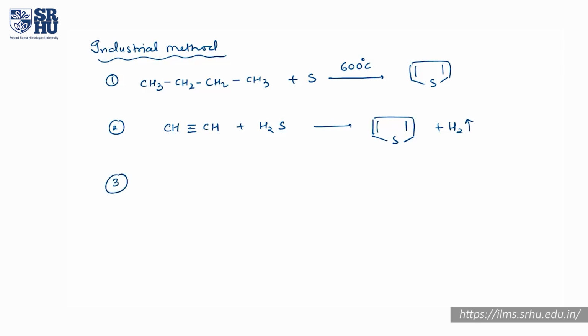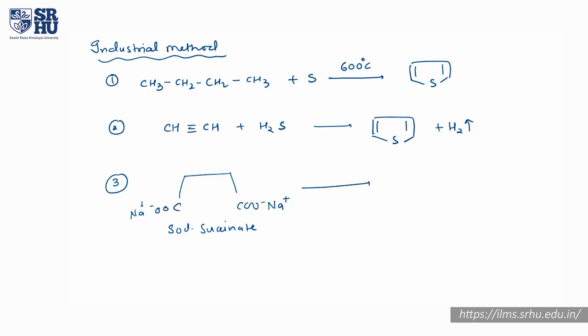Third industrial method that you can use to prepare thiophene is by reaction with a sodium salt of a dicarboxylic acid, COO negative, Na positive. It's succinic acid, sodium succinate. This molecule is sodium succinate.